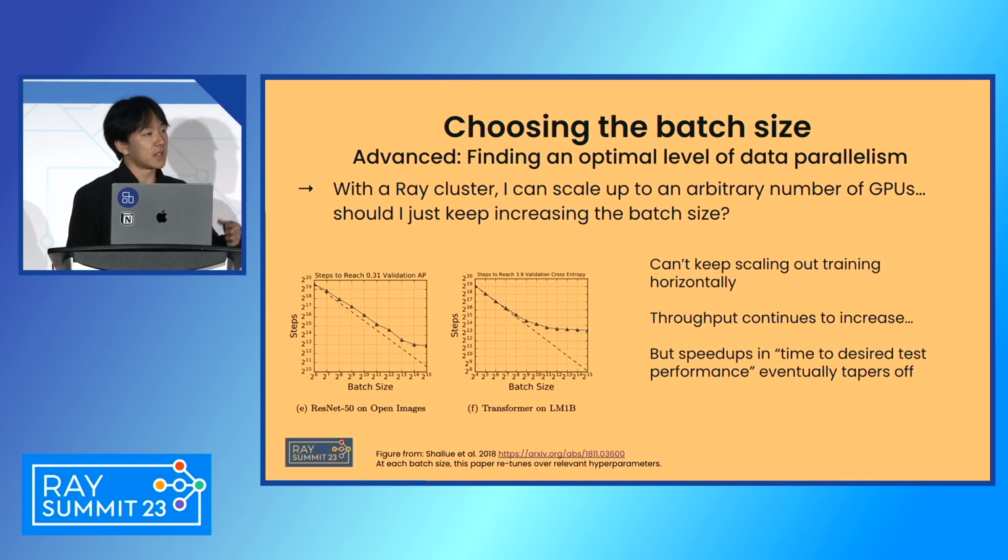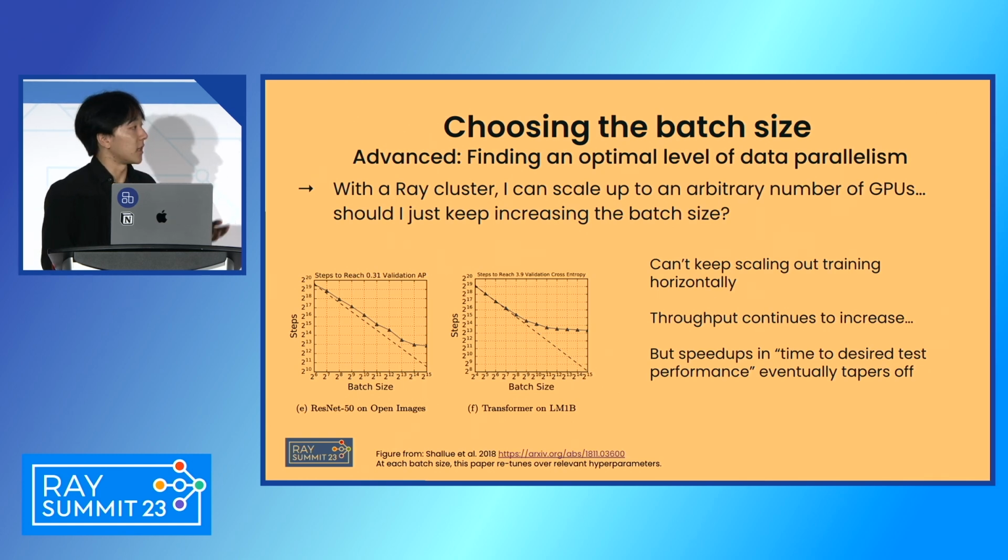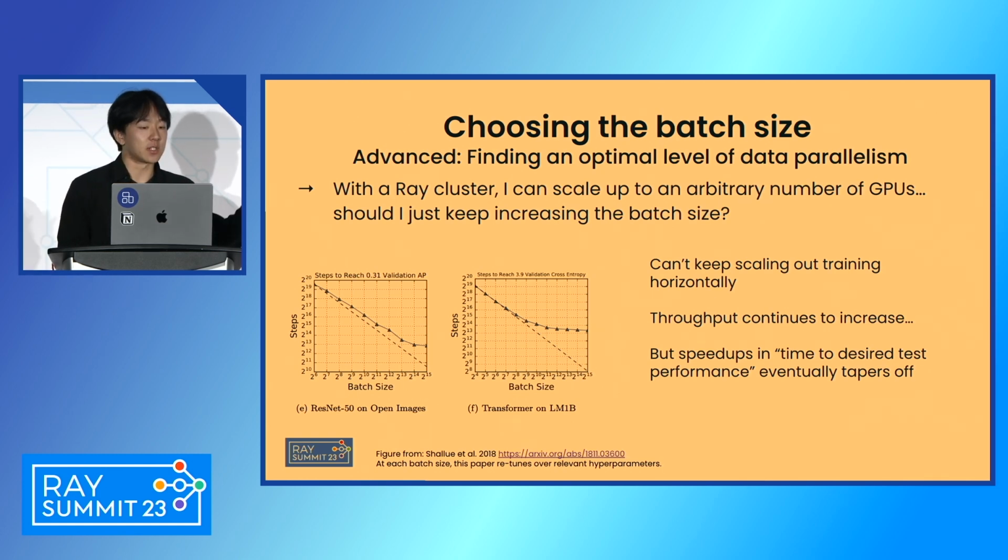The throughput of the system will continue to increase, but the speedup in the thing that we care about, which is time to desired performance, in this case labeled on the y-axis as steps to a desired evaluation metric, eventually tapers off.